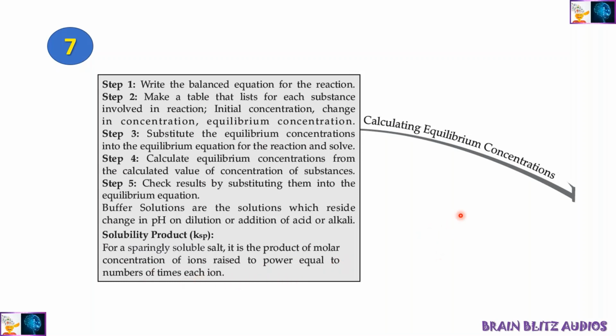So suppose in AgCl, we have 1 mole of AgCl. We write the solubility product as the concentration of Ag and Cl raised to their respective powers. So if you have 1 AgCl, you write concentration of Ag to the power 1, concentration of Cl to the power 1. That is what we mean by solubility product.